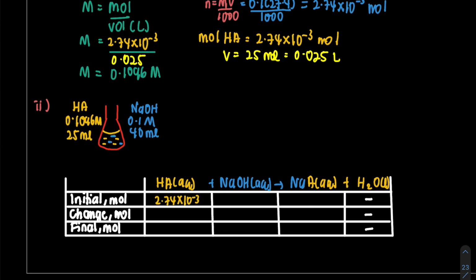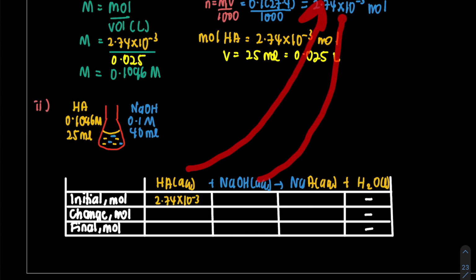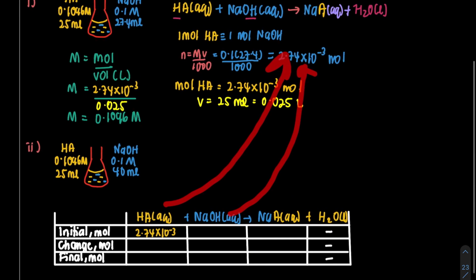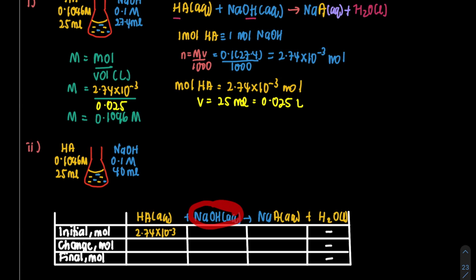If I use the previous one, can I use it for sodium hydroxide? The question is, no. Because here, for our sodium hydroxide, the volume was 27.4. Now we want sodium hydroxide with a volume of 40. So we're going to find the number of moles of NaOH first. n equals MV over 1000. Substitute the value from here, and we will get 4 exponent negative 3 mole.